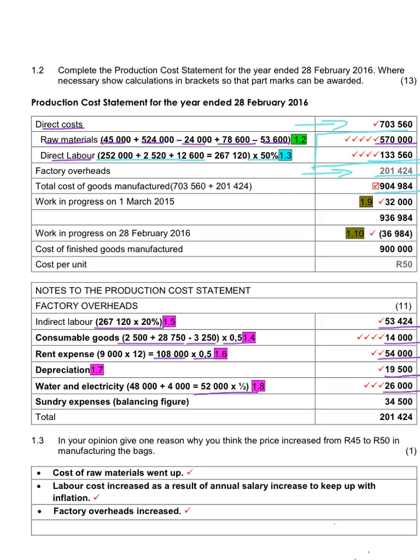The factory overheads were given to me, so I know that this total is 201,424. So if I subtract all the other figures that I could calculate, I will work out by balancing what is the sundry expenses.